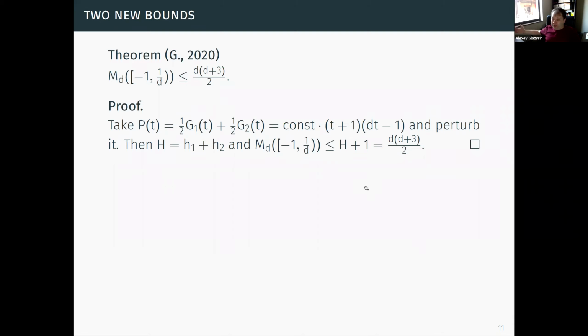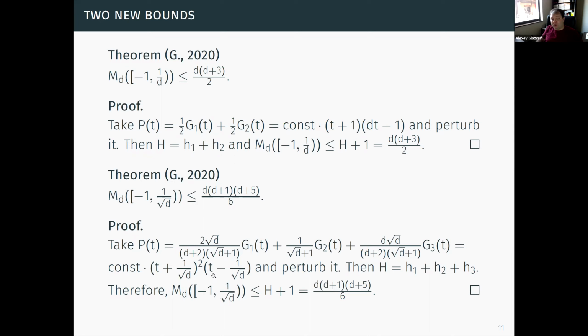We just make a search over the polynomials of degree 3 with positive Gegenbauer expansions, and we use this Davenport-Hajnal bound. So it appears that the best polynomial you can choose here looks like this. It's actually a very nice polynomial because the roots are -1 over square root of d and 1 over square root of d.